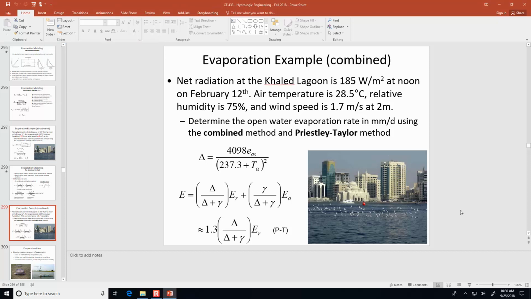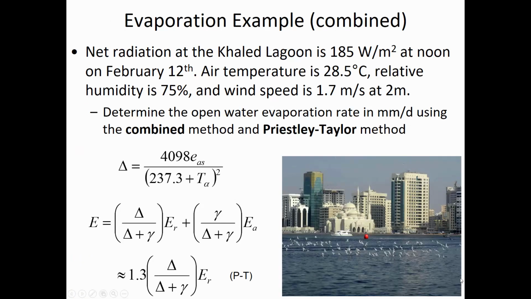The reason why the Priestley-Taylor is available as an estimation is that it would be used in situations where you don't have the data that you need to calculate E sub a. So if you didn't have estimations of the wind speed, if you didn't have estimations of the relative humidity, and basically all of the information you need for the E sub a, then the Priestley-Taylor can be used as a substitute, but it didn't really do much beyond just the energy balance method in this case.